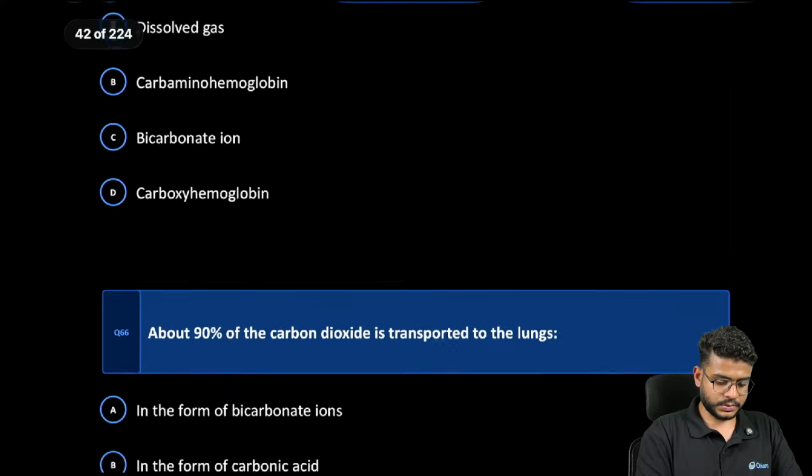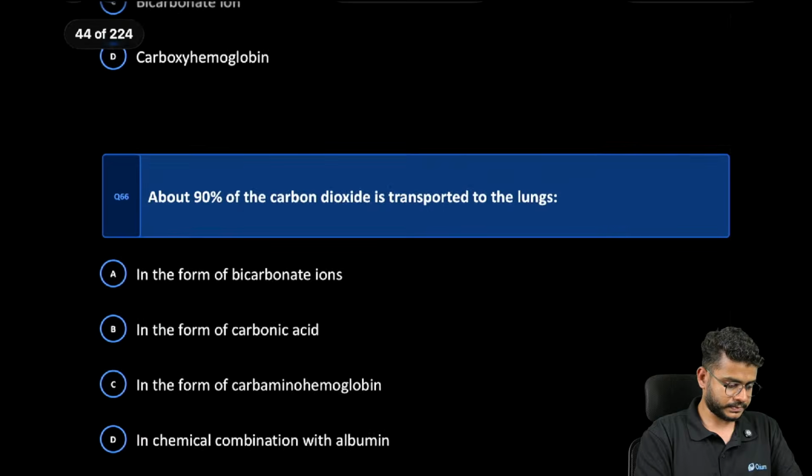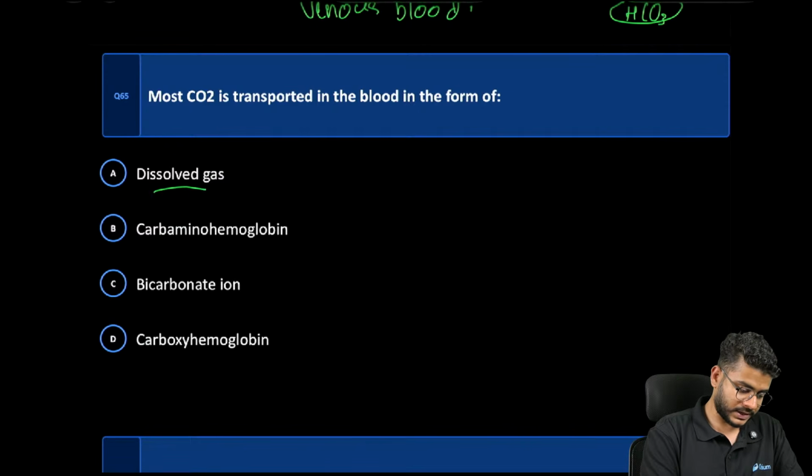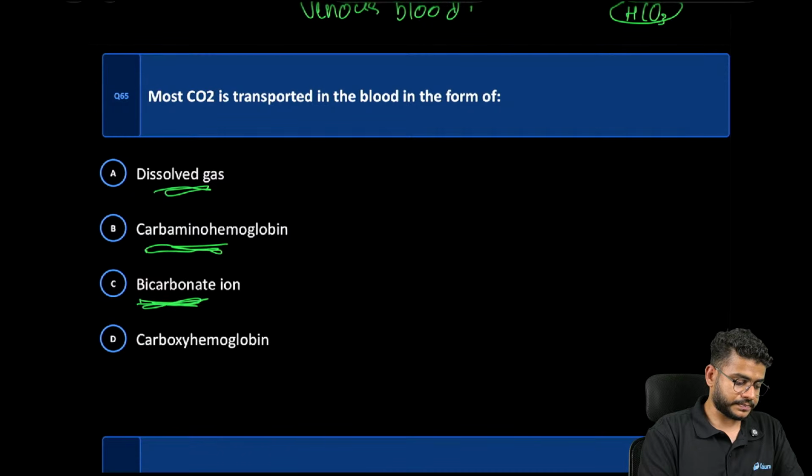Okay, let's go to the next question. Most of carbon dioxide is transported in the blood in the form of, easy. In the blood, carbon dioxide is transported in the form of dissolved gas, yes, carbaminohemoglobin, yes, and by bicarbonate ion.